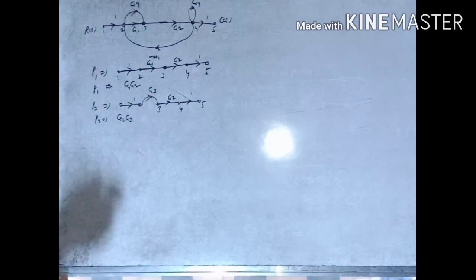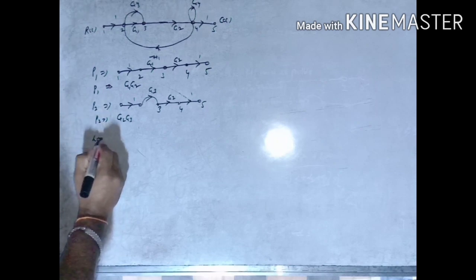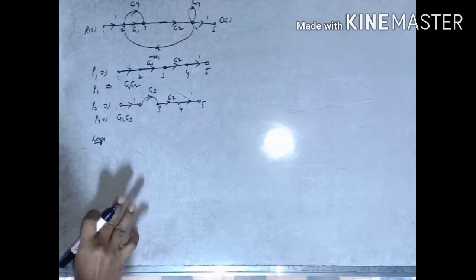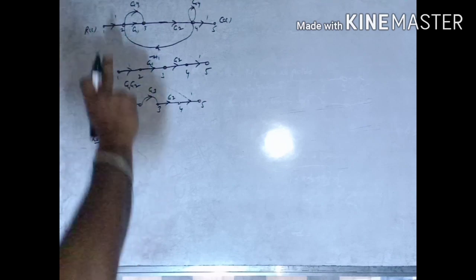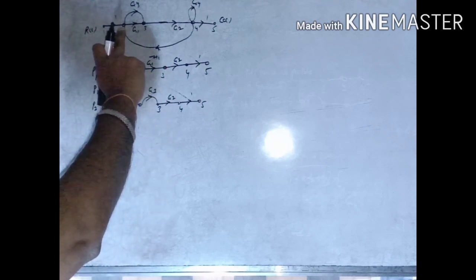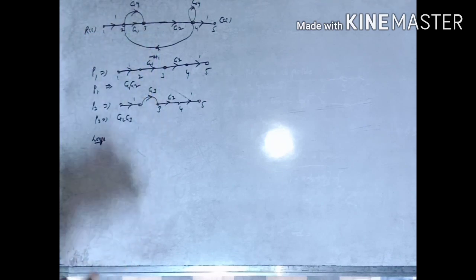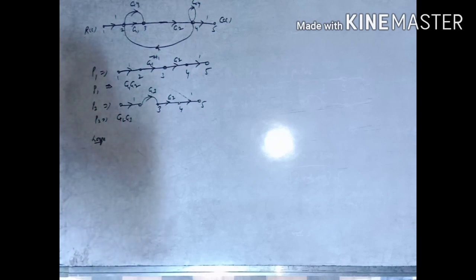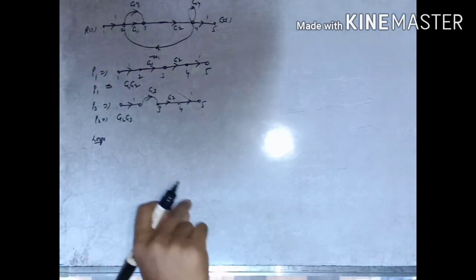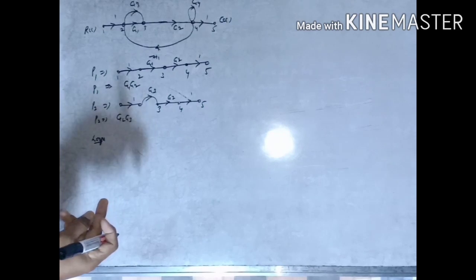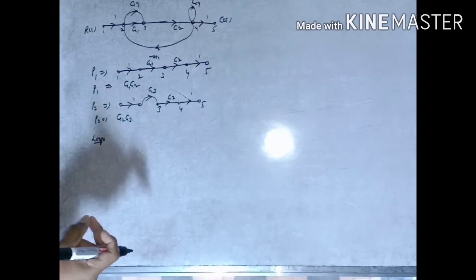Next, coming to identify the individual loops. What is the definition of an individual loop? It should start and end at the same node. It starts from one point, travels, and again comes back to the same point. That is said to be a loop.